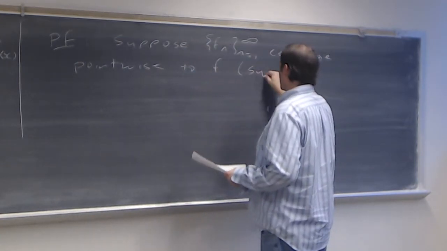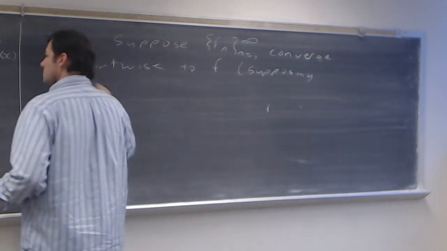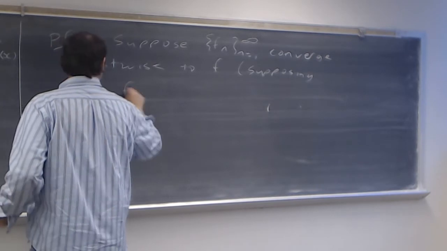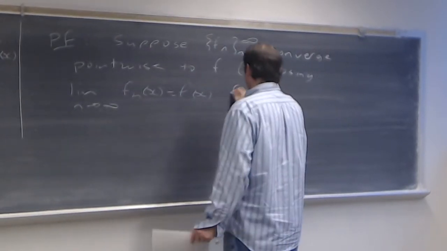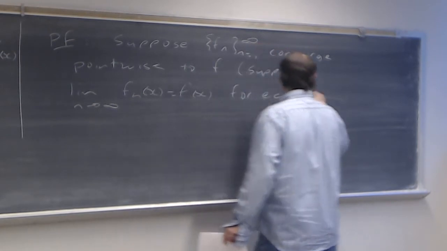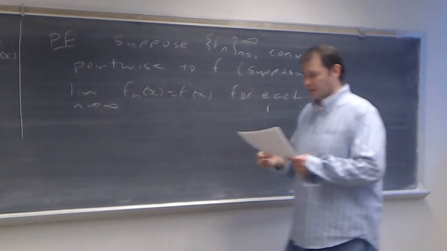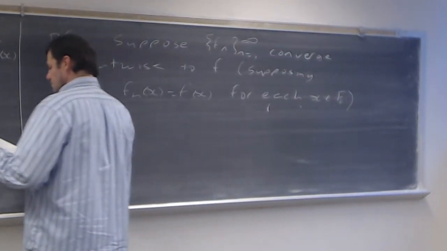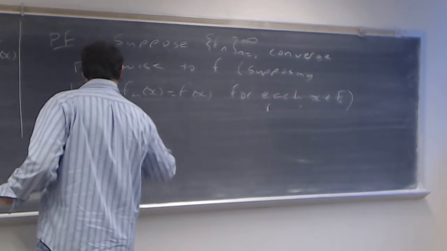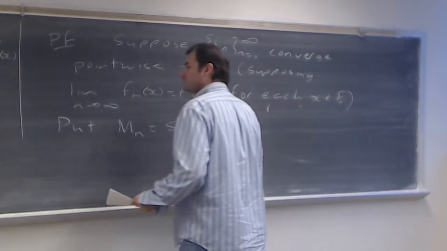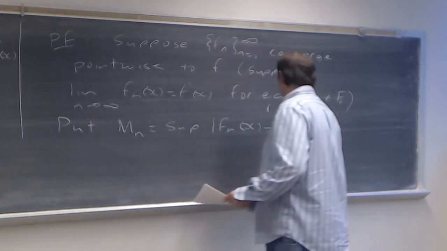That is, we're supposing that the limit as n goes to infinity of f sub n of x equals f of x, for each x in E. We're going to put m sub n equal to the sup of the absolute value of f sub n of x minus f of x.